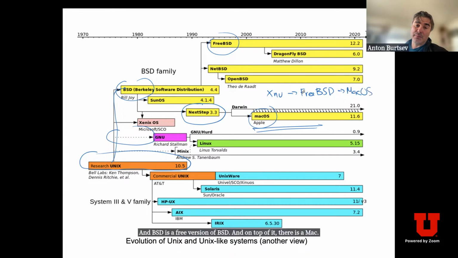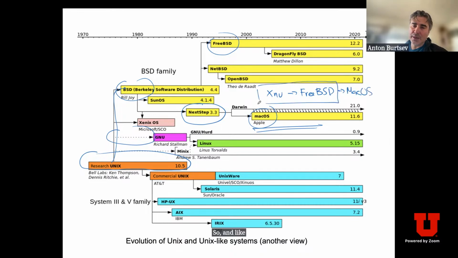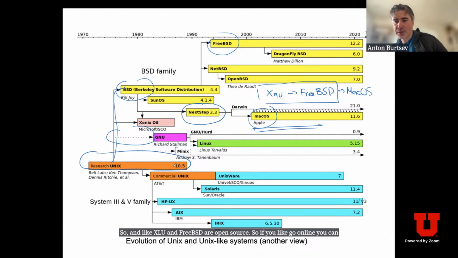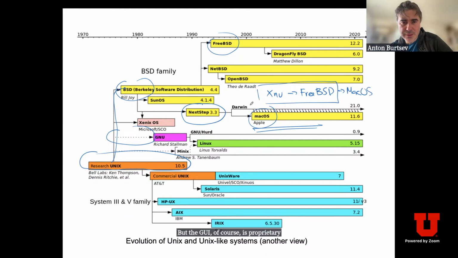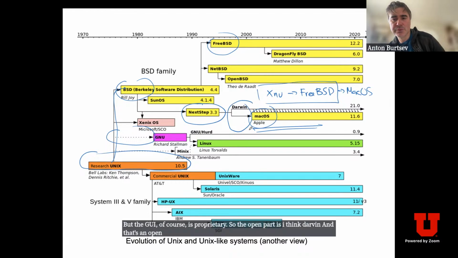XNU and FreeBSD are open source, so if you go online, you can download the source code and see how it works. But the GUI, of course, is proprietary. The open part is, I think, Darwin, and that's an open version, and macOS is a closed version.